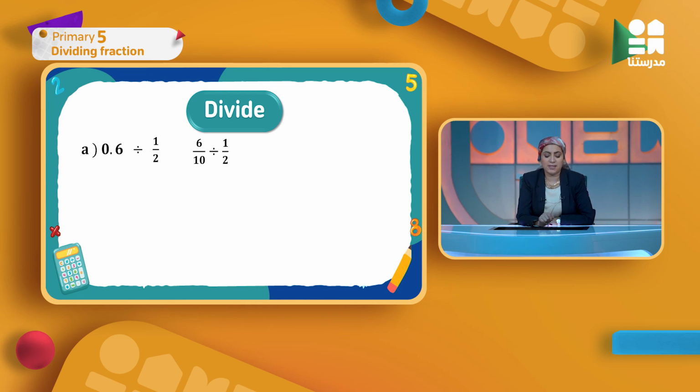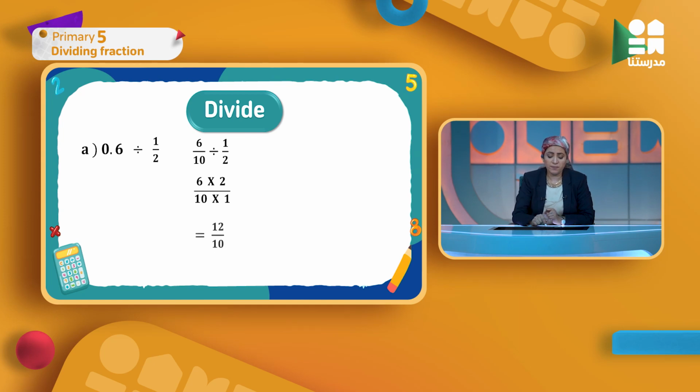So it will be 6 over 10, divided becomes times, 1 over 2 we flip it, 2 on top, 1 at the bottom. Then 6 over 10 times 2 over 1, and I start to simplify, or I can just multiply them and I simplify later on.